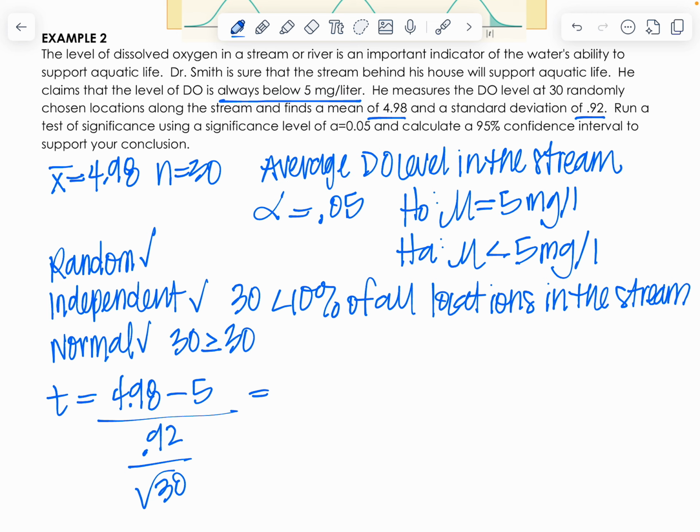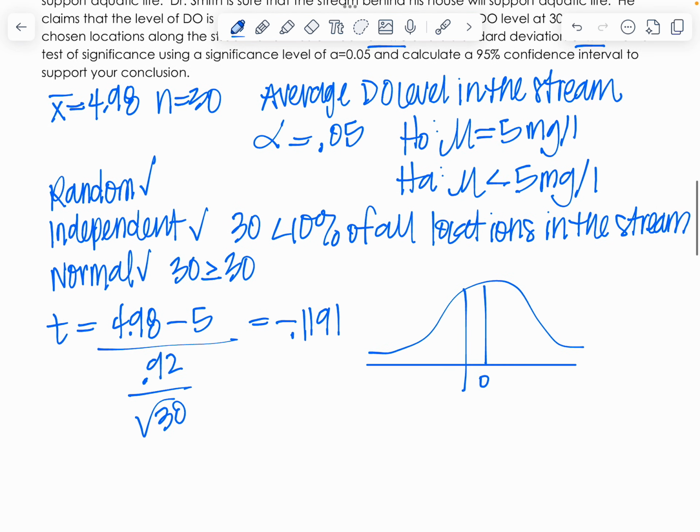This is negative 0.1191. So on our curve, we'll notice that's barely below 0, which we could have predicted because 4.98 was so close to 5.